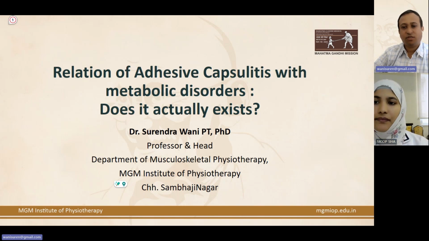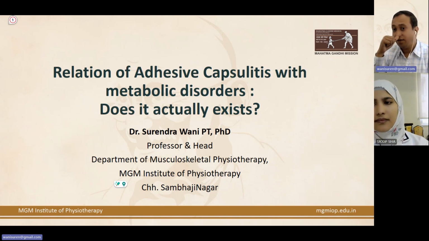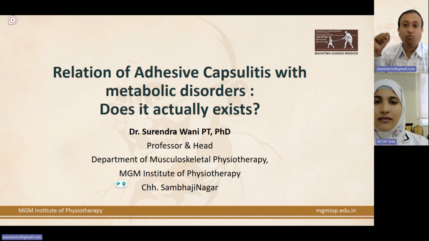Suppose the HbA1c shows that the uncontrolled diabetes is there, like 8 or 9 or 10 HbA1c, then it is already found that the disability associated with the adhesive capsulitis is more in patients with uncontrolled diabetes.